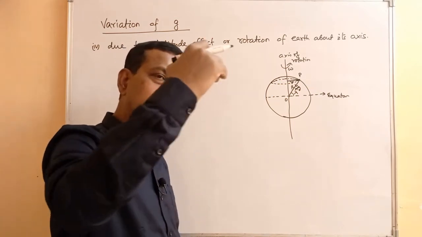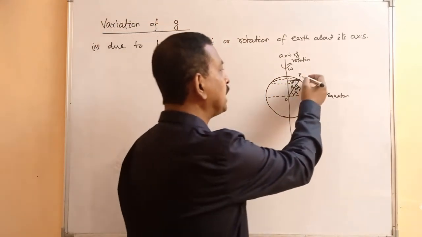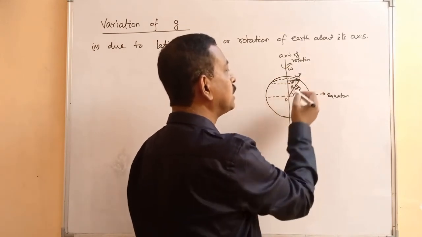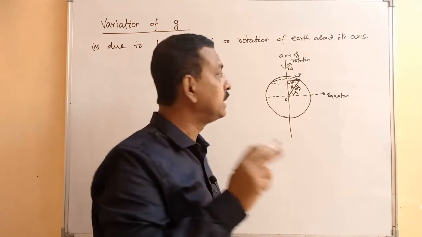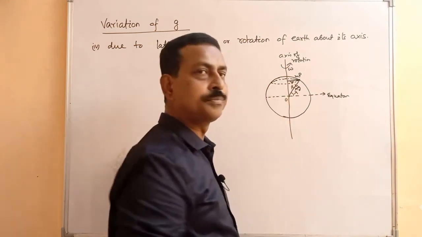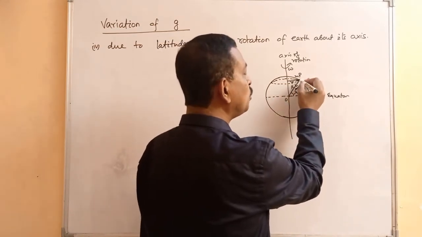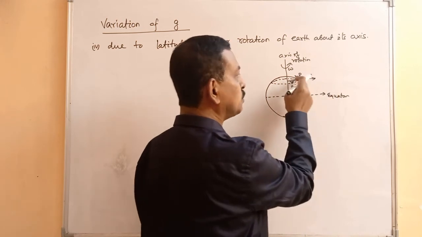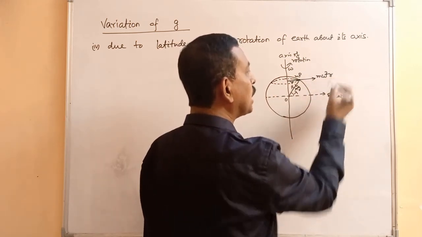So weight will be acting towards the center, if I assume that we have a point mass m at this location. But now it is not only this weight, but due to the rotation of the Earth about its axis, there is the centrifugal force also acting on this particular point. This centrifugal force will be given as m omega square r.